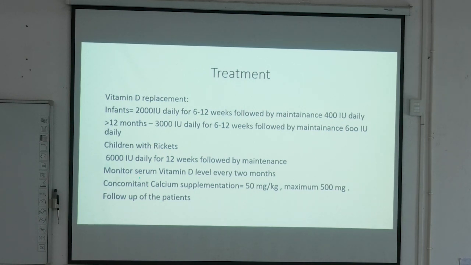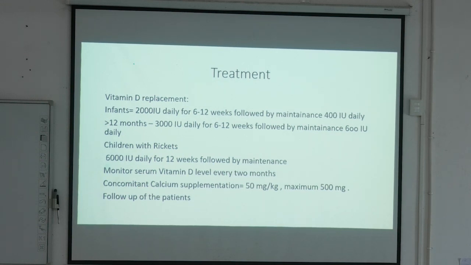Now here is the treatment of rickets. Previously, when we were students or house physicians, we usually used STOSS therapy. It means you give a large amount of vitamin D, 6 lakh units, wait for 4 to 6 weeks, and see whether healing calcification of the bones is occurring or not.